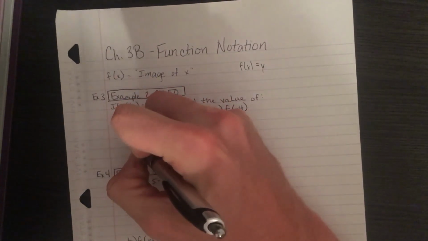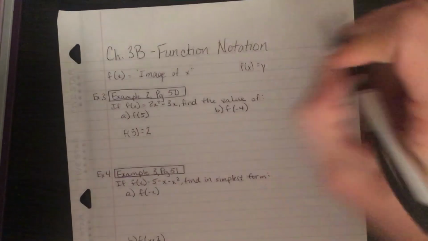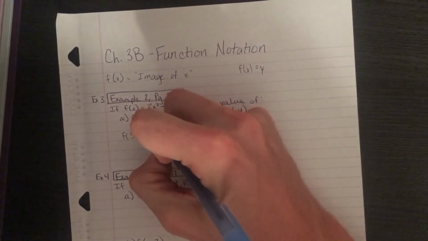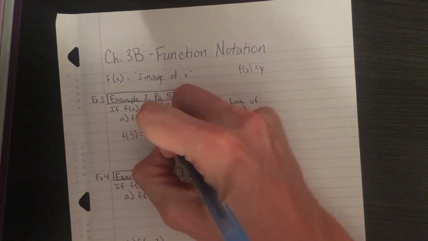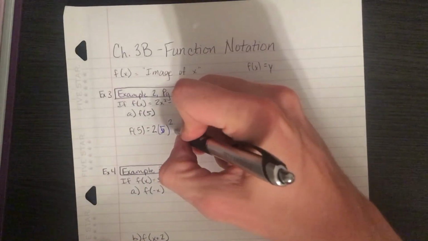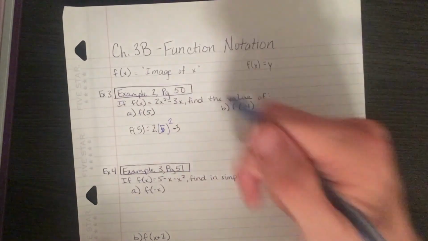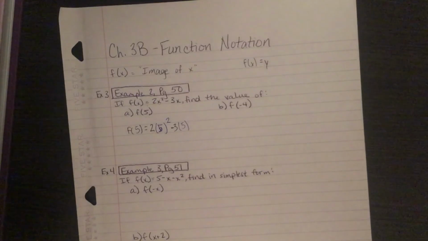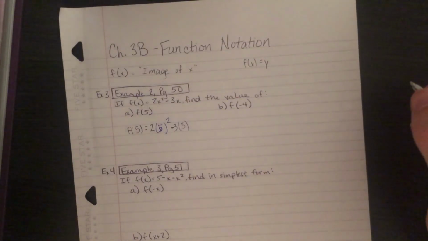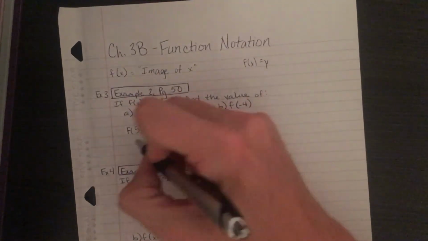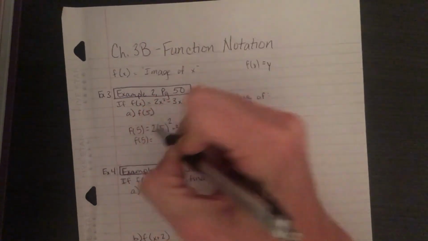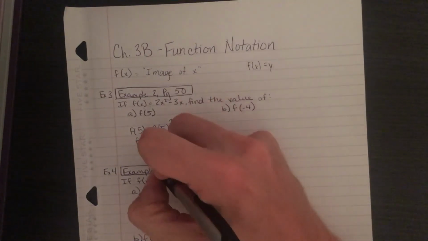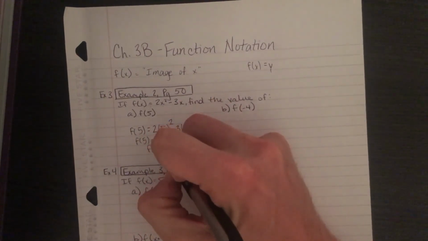So we'll say f of 5 equals 2, I'm going to put parentheses, 5 squared minus 3 times 5. And we're going to evaluate this. So 5 squared is 25 times 2 is 50. We get f of 5 equals 50 minus 15. f of 5 equals 35.